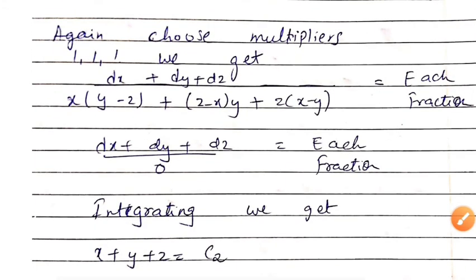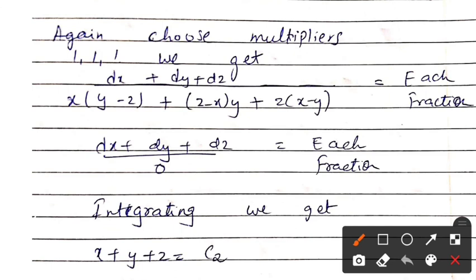Now again we need one more solution, so we need some multipliers. In the first step we divided by x, y and z. Now you can check once in your rough work: if I don't multiply by any such number, and if I add all these terms as they are, do I get my denominator as 0?